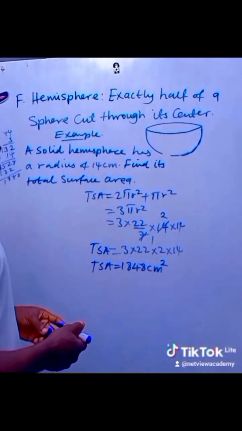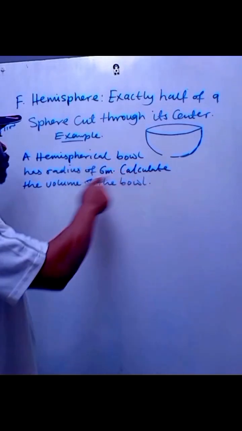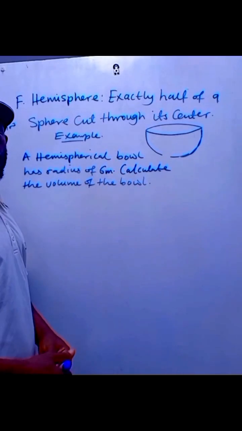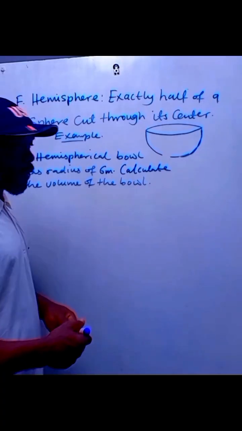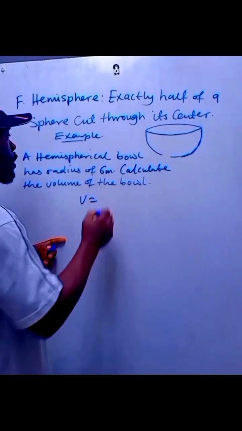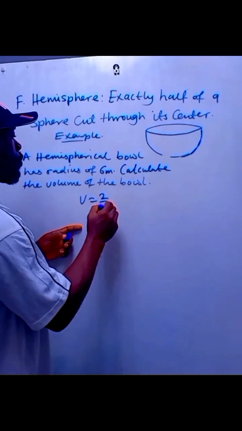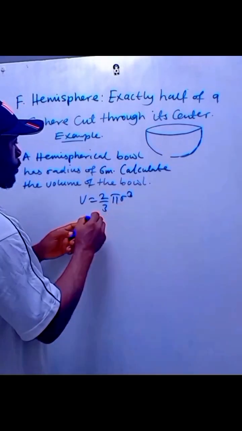centimeters squared. A hemispherical bowl has a radius of 6 meters. Calculate the volume of the bowl. In this question, we are going to use the formula for the volume of a hemisphere. The volume of a hemisphere, V, is equal to 2 all over 3 pi r cubed.